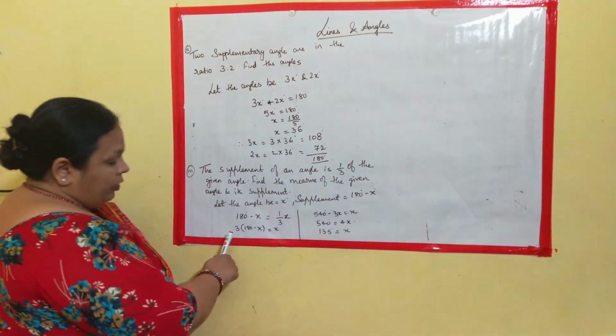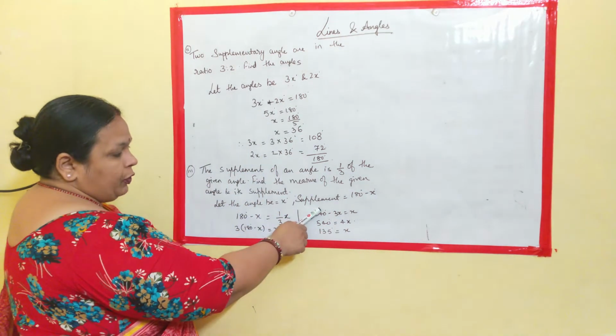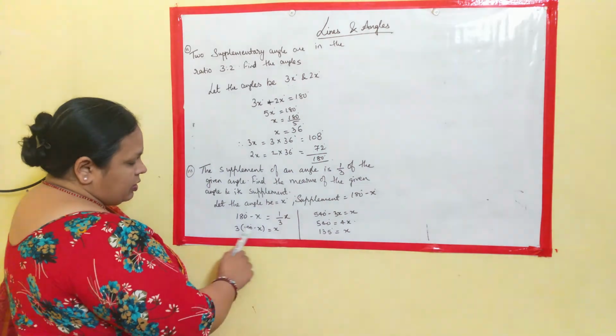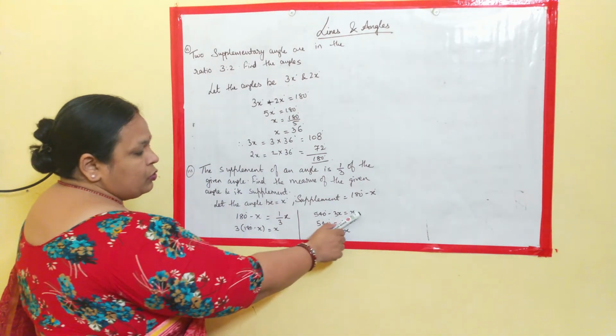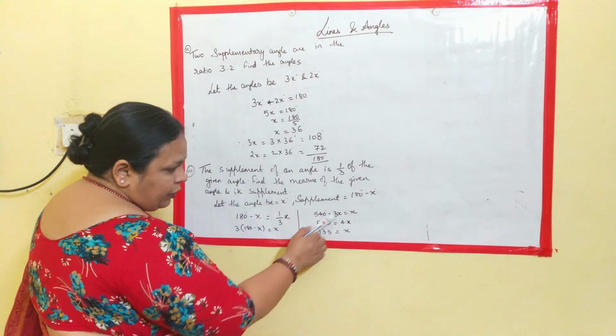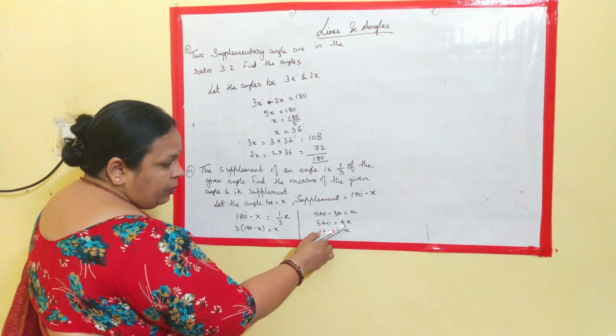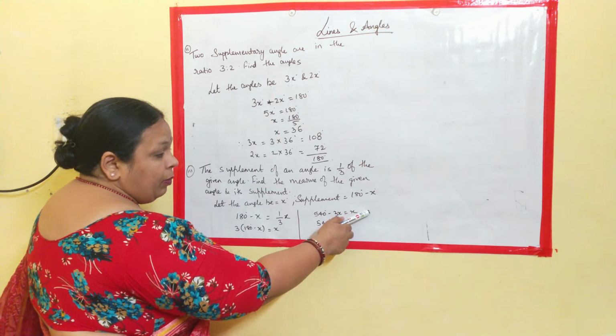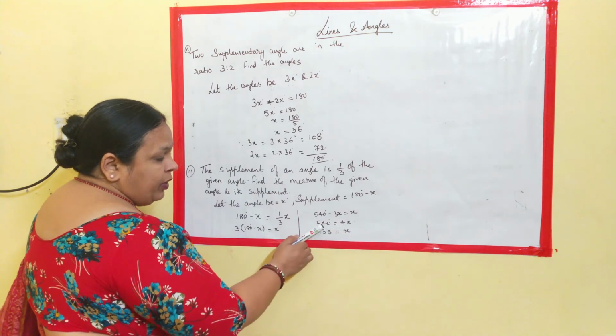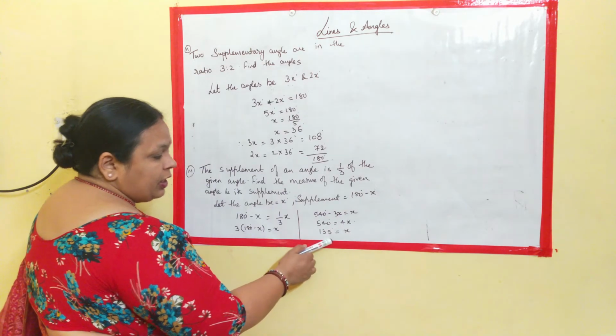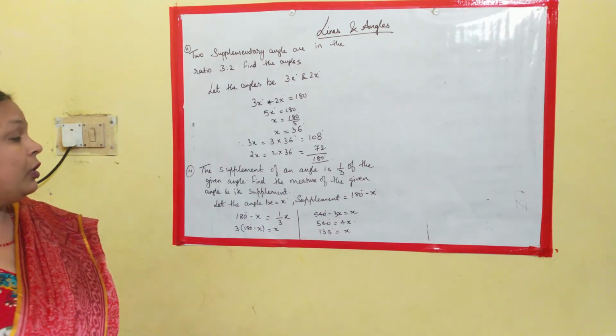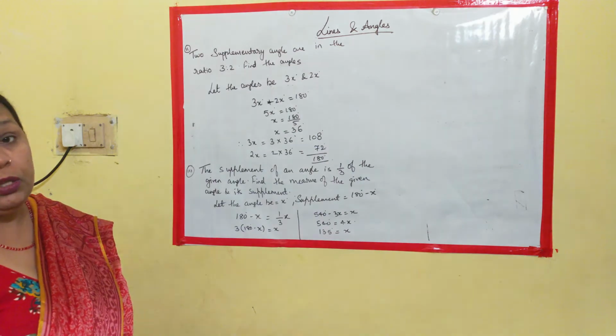Clear? 3 into 180 is 540 degree minus 3x is equal to x. The 3x goes to that side and becomes plus 3x. 3x plus x is 4x. 540 divided by 4 is nothing but 135. So the required angle is 135.